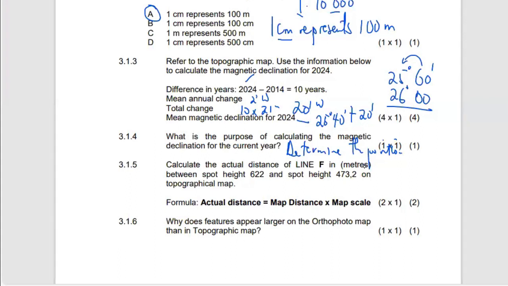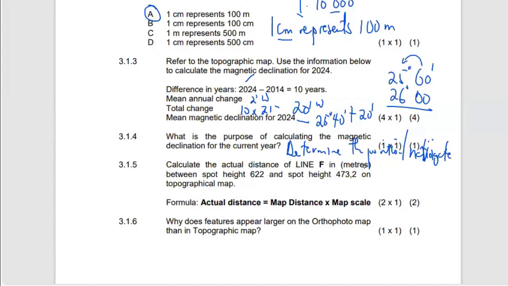For us to be able to figure out positions, we must use the current year, because if we use the previous year, we might not be able to locate places exactly. We might be able to determine the position and location of features and navigate correctly by figuring out the magnetic declination for the current year, because the position of the magnetic north is always changing in that manner. So that is basically the idea.